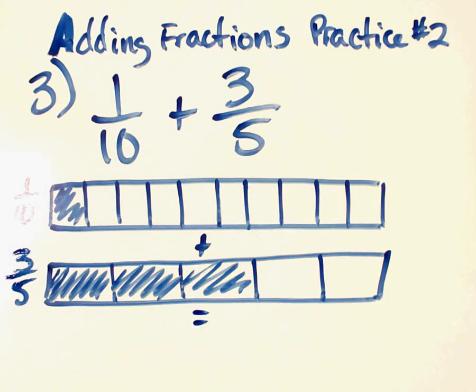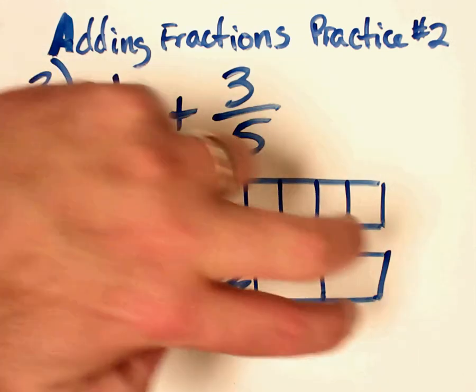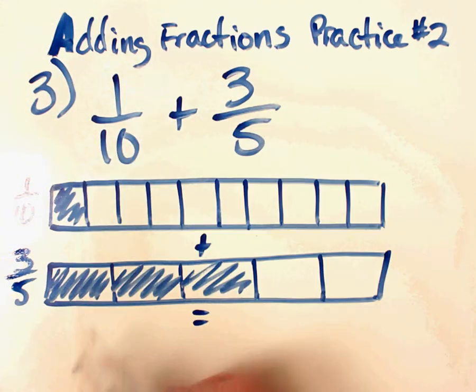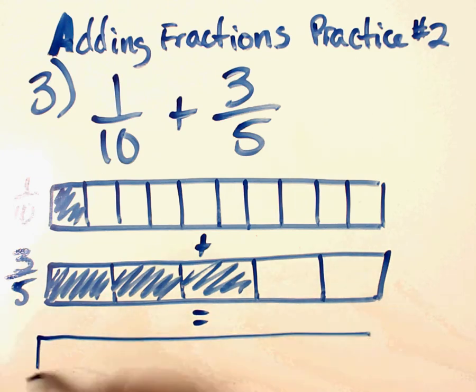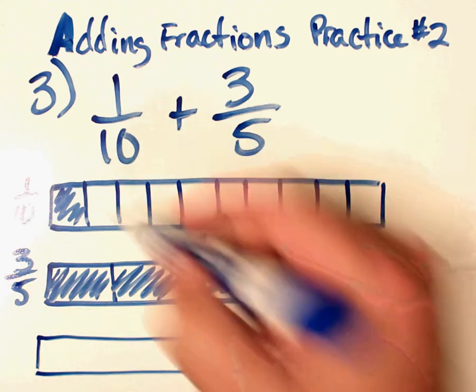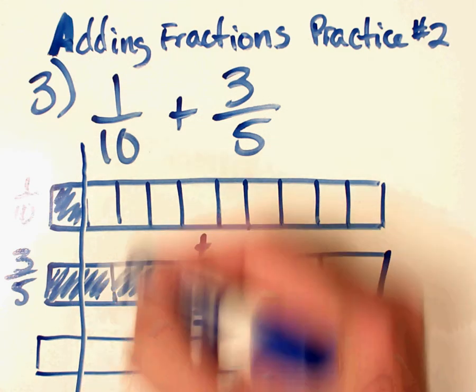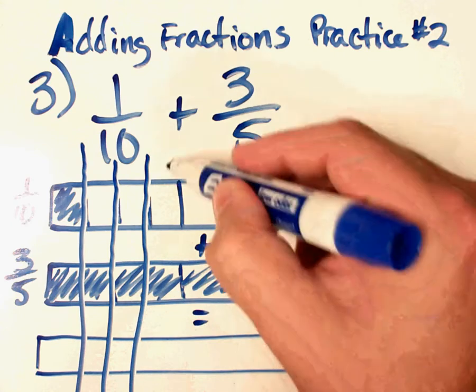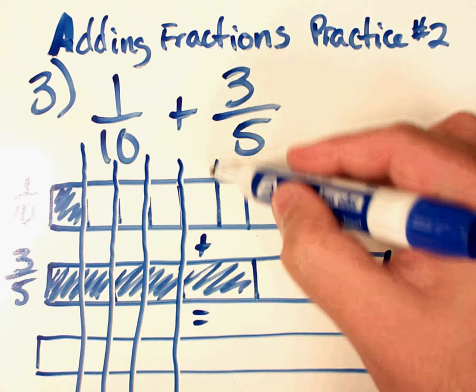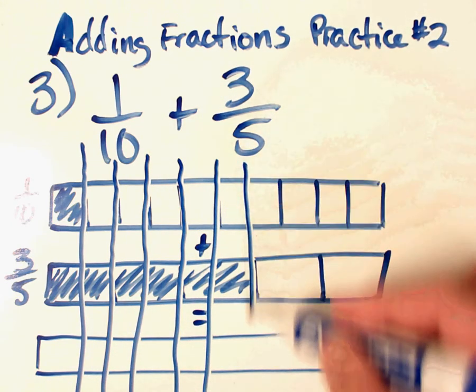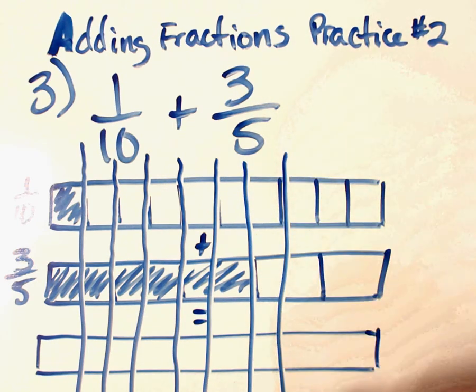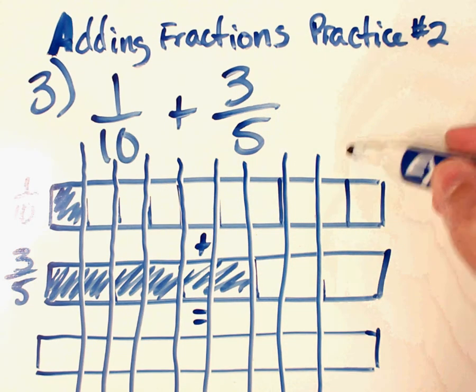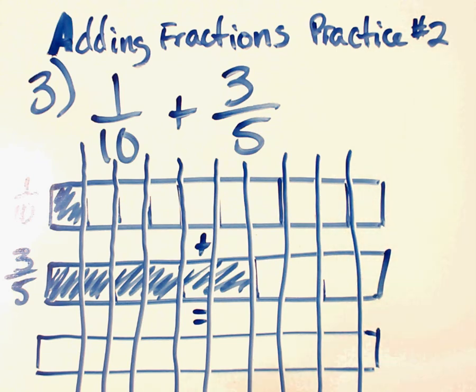So again, same thing we've been doing before. I'm just going to go down both fraction bars. I'm going to go down both graphics, and every time I see a line, I'm simply going to trace that line all the way down to the bottom into my answer picture. So everywhere I see a line. So my 1/10 didn't change, but my 3/5 did.